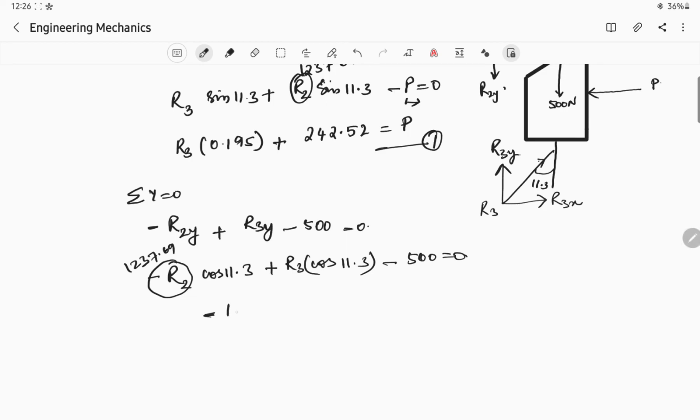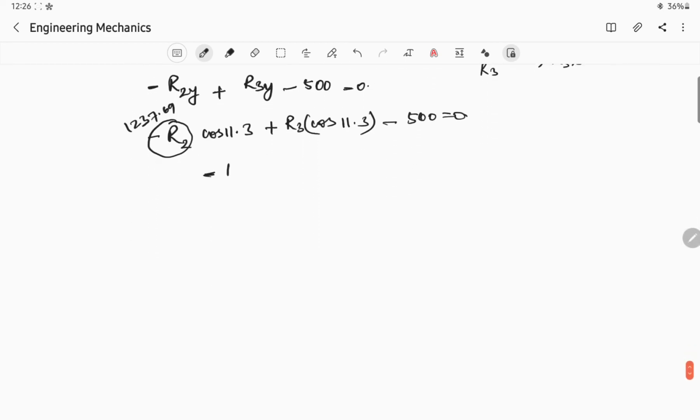So this is minus 1213.69 plus R3 into cos 11.3 is equal to 500.